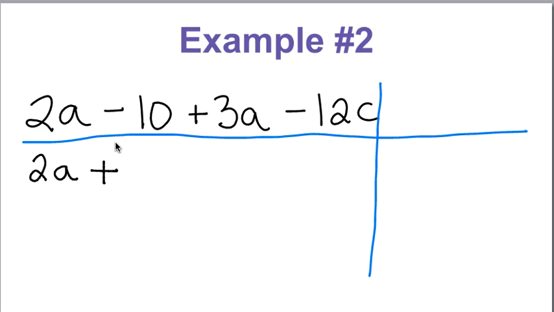So, for every action, there's an opposite reaction. Just like science, right? My action is changing subtraction to addition. So my reaction, which becomes an opposite reaction, means this 10 right here becomes negative 10.